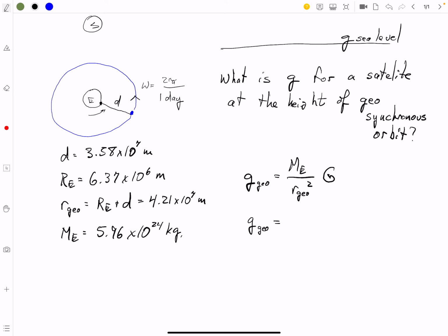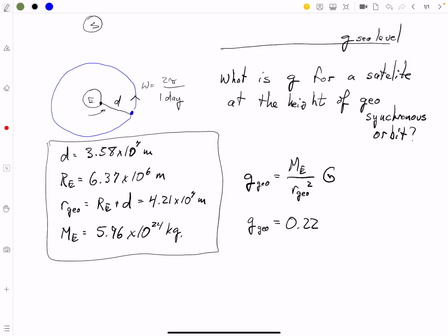They're right here, so you can do that on your calculator, just because sometimes I make mistakes a lot. And that's what we get as an acceleration at this point.